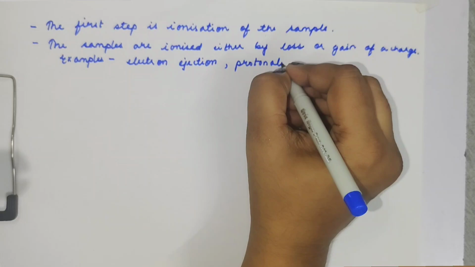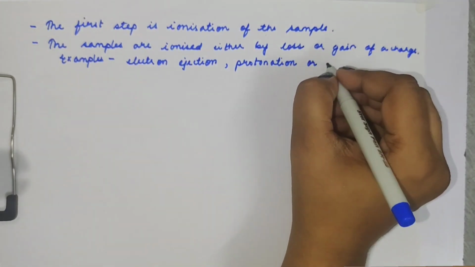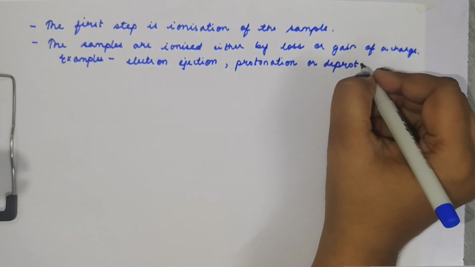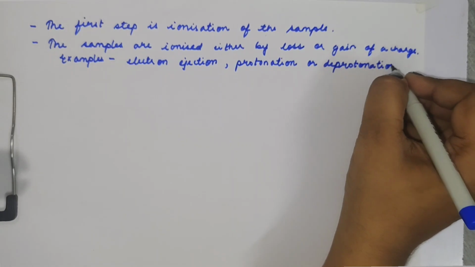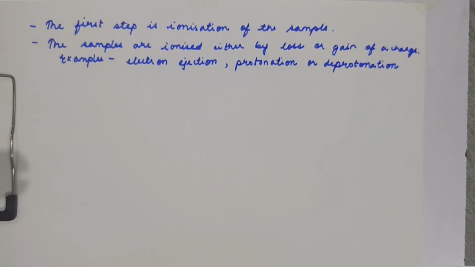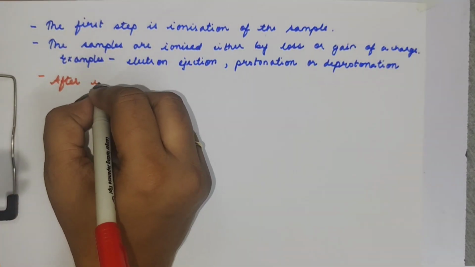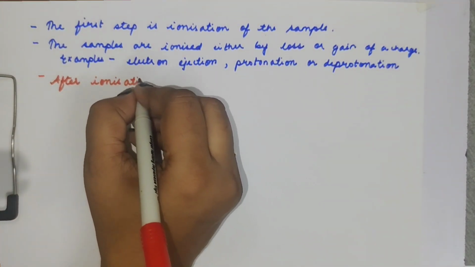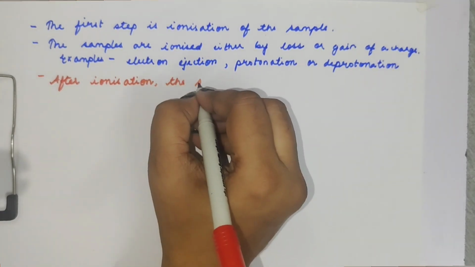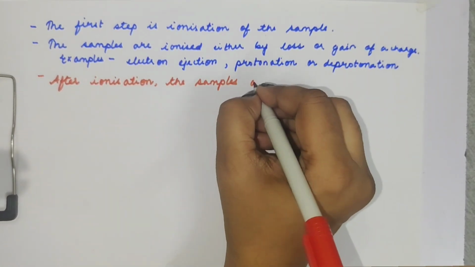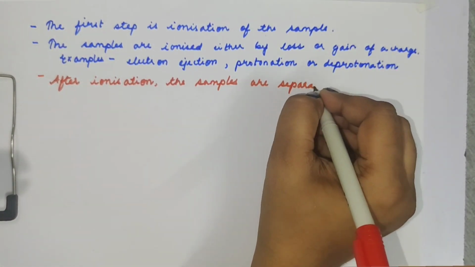Usually the proteins are protonated, as we all know that the proteins are made up of amino acids, and the amino acids have the amide group which can be easily protonated. Also, this protonation can be done in the proteins where the basic amino acids are more in number.